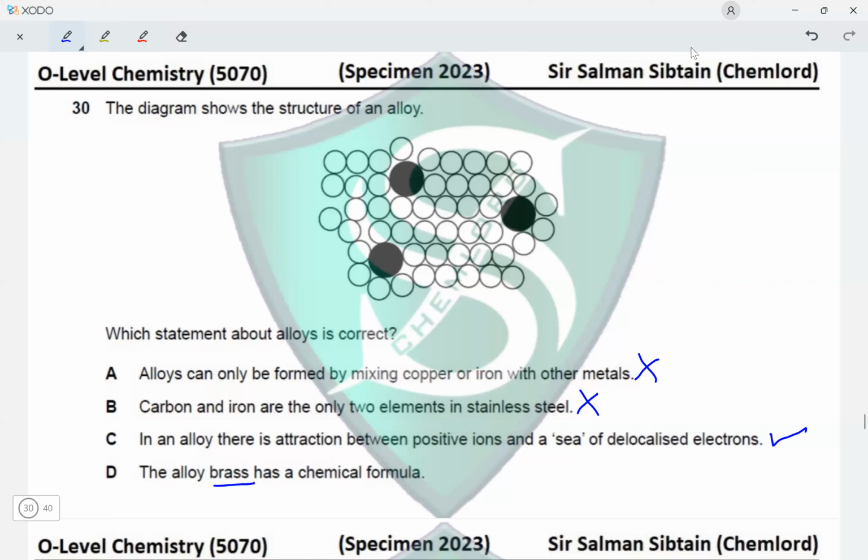Brass is an alloy of copper and zinc, but it does not have a chemical formula. It is just a mixture of these two metals. So option D is incorrect. Thus, for this question, option C is the correct answer.